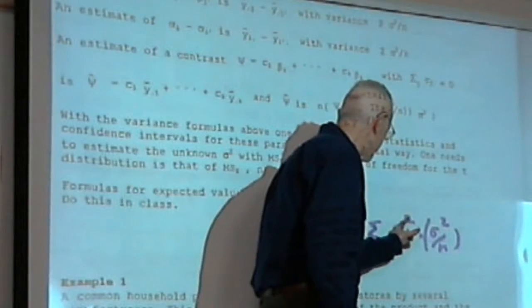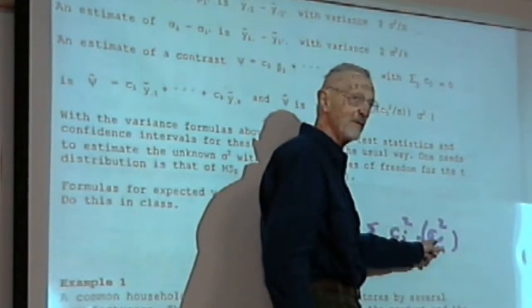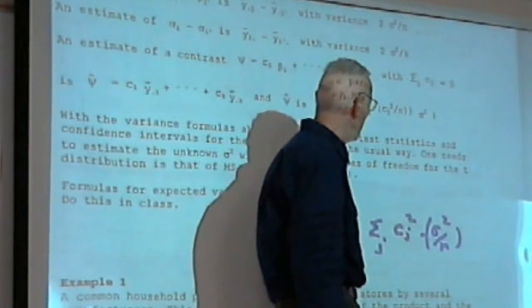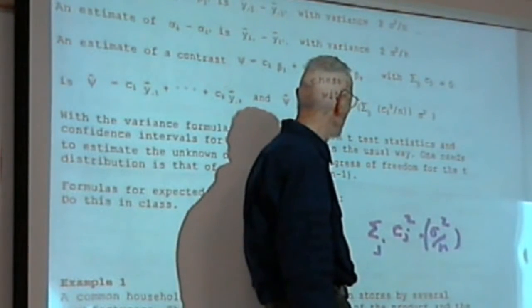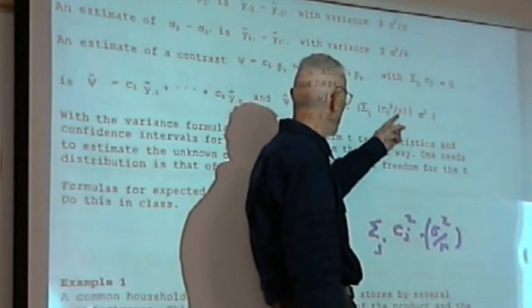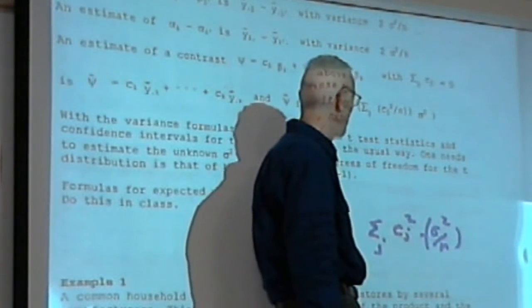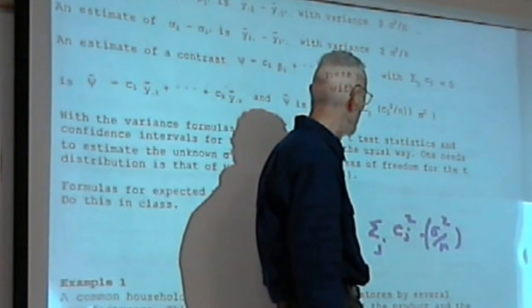Sum of the coefficient squared times the variance of a variable, and all those variances are the same, sigma squared over n. I just chose to write it this way for whatever reason, so that sigma squared is isolated by itself on the front.